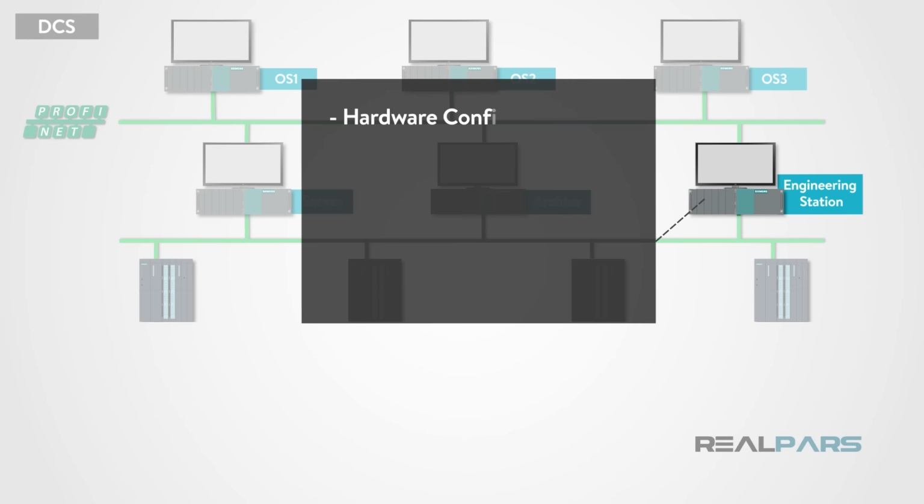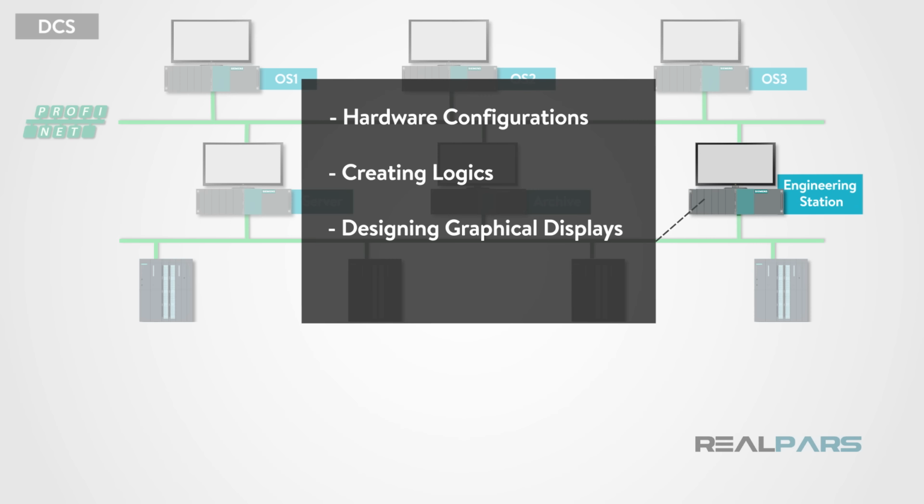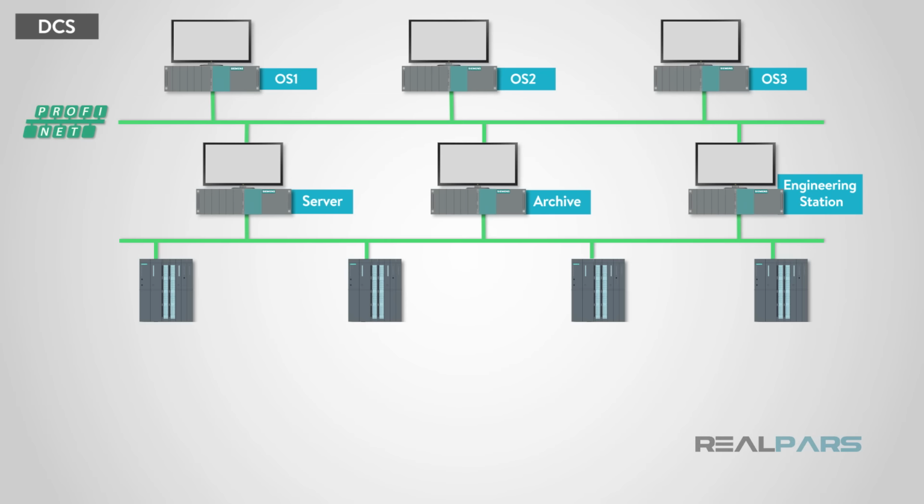This includes hardware configurations, logic for tasks, graphical displays for operator interaction, and the administration of all those tasks through installed software packages. This is the station that is used to download the projects to the processors and the graphical displays.